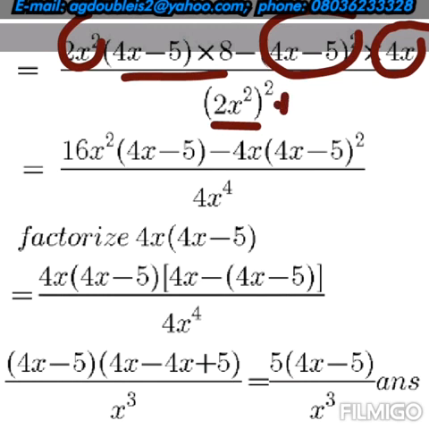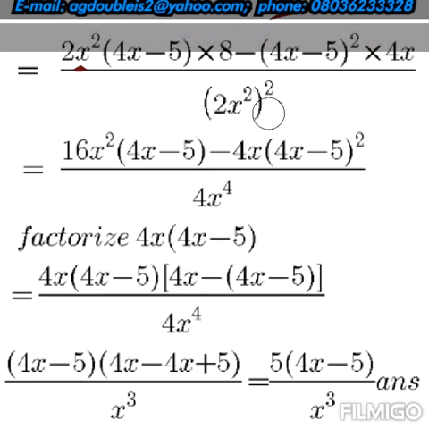So this is how you substitute your values in your formula. You simplify your answer. Simplifying the numerator, 8 times 2x squared gives you 16x squared, multiplied by (4x minus 5), then minus 4x times (4x minus 5) all raised to power 2. That will be your numerator. Then your denominator will give you 4x raised to power 4.